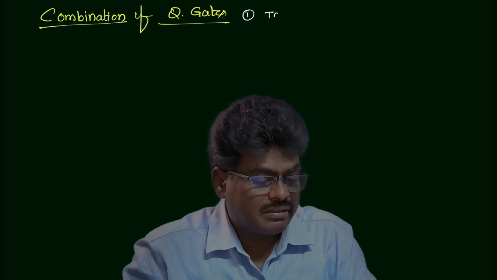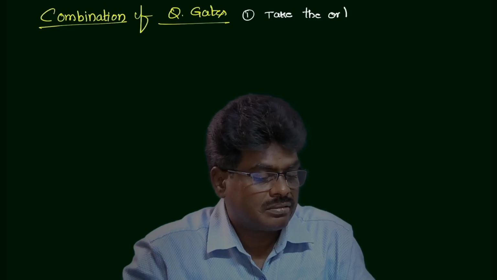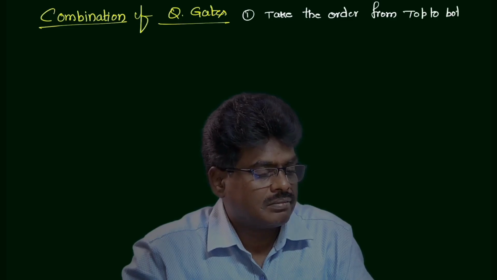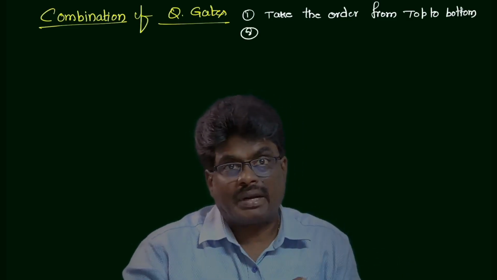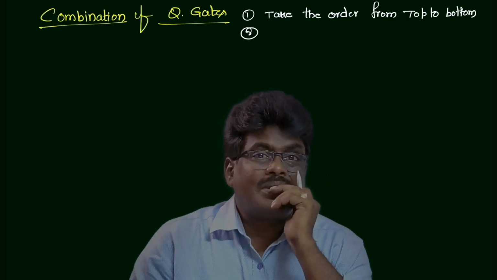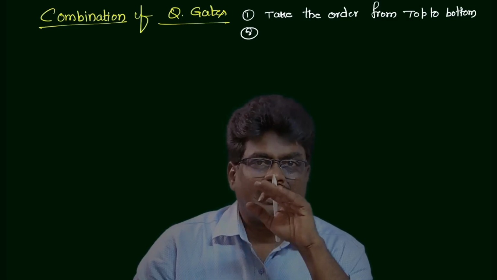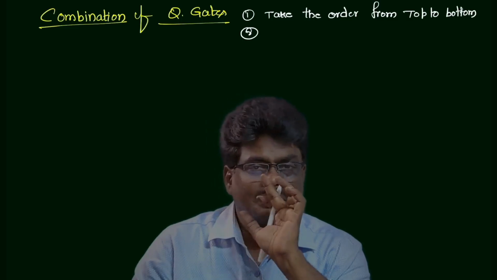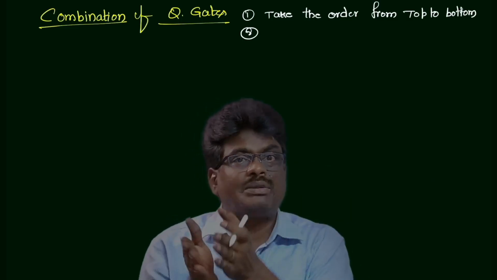So finally we'll conclude this point here. Always take the order from top to bottom, and next left to right. Maybe you heard that whenever you are multiplying, you take right to left. Maybe you read somewhere that whenever you write the matrices, you write from right to left.